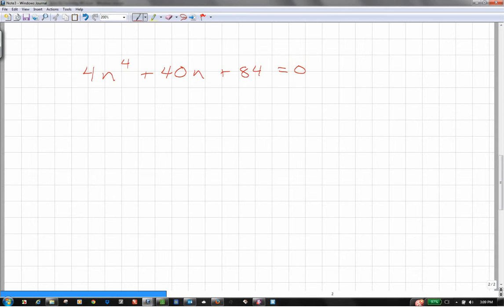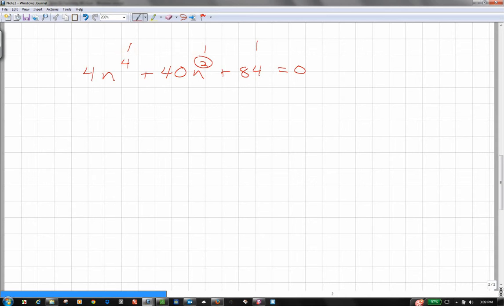Well, it's not a difference or sum of cubes. It's also not going to be grouping because I don't have 4 terms. It is quadratic form, where the exponent in the front is twice the middle exponent.